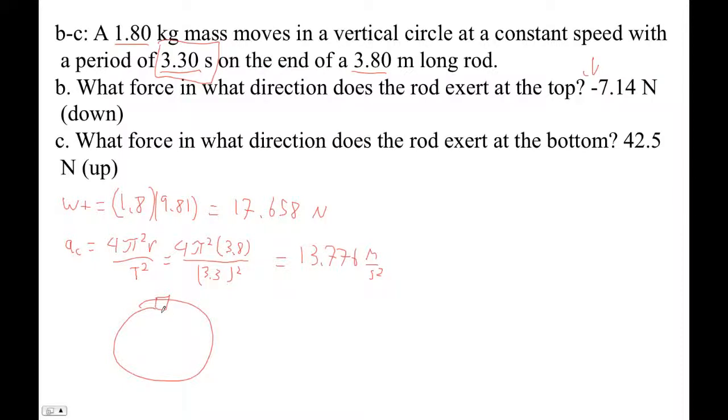The force of gravity is acting down on it, so that's our 17.658, right? And our acceleration when we're at the top is going to be this, but it's going to be down because it's toward the center, right? So at the top we've got some unknown force minus 17.658, and then that equals 1.8 times this guy, but negative, right?